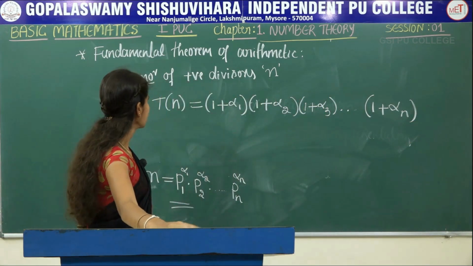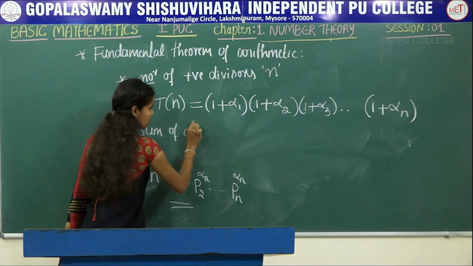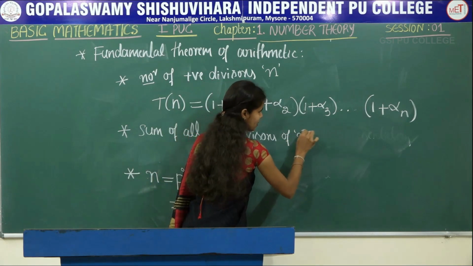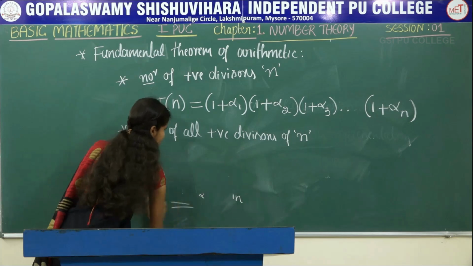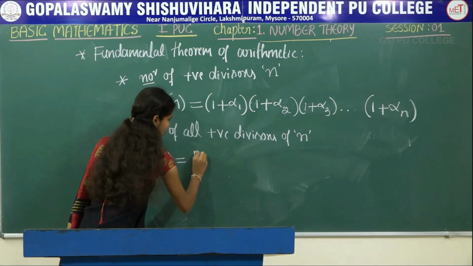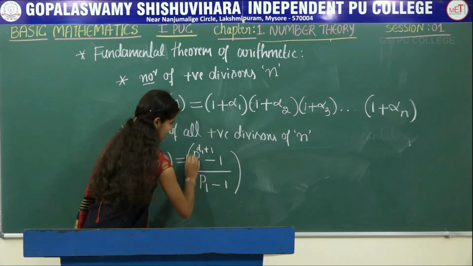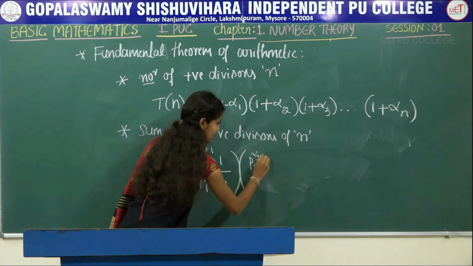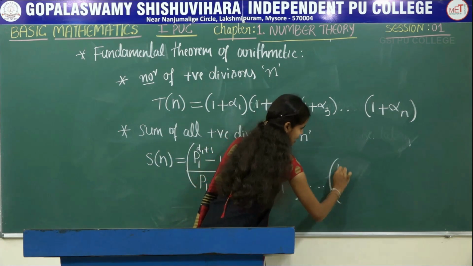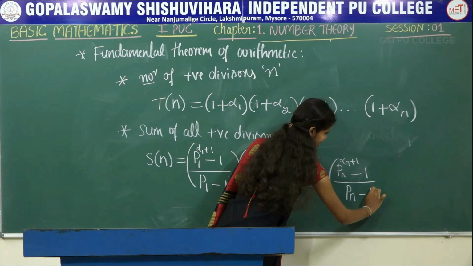We can also use this representation to calculate the sum of all positive divisors of a given composite number n, using the formula S of n is equal to (p1 to the power of alpha 1 plus 1, minus 1) divided by (p1 minus 1), into (p2 to the power of alpha 2 plus 1, minus 1) divided by (p2 minus 1), up to the last prime number, (pn to the power of alpha n plus 1, minus 1) divided by (pn minus 1).